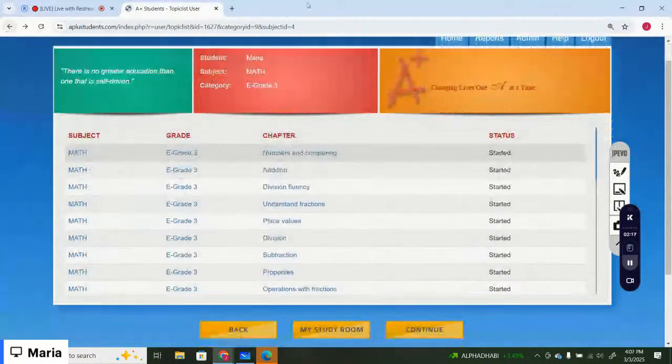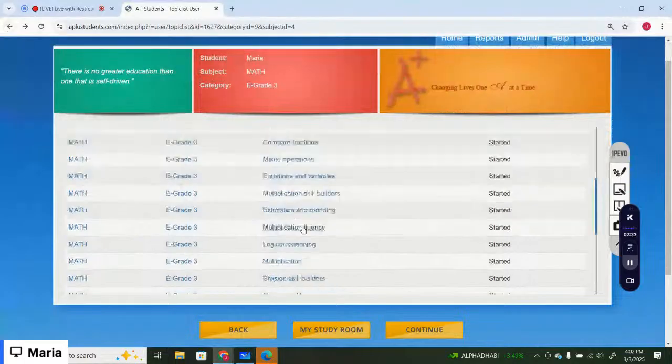There you can find a list of the chapters. We're going to start with the chapter mixed operations.